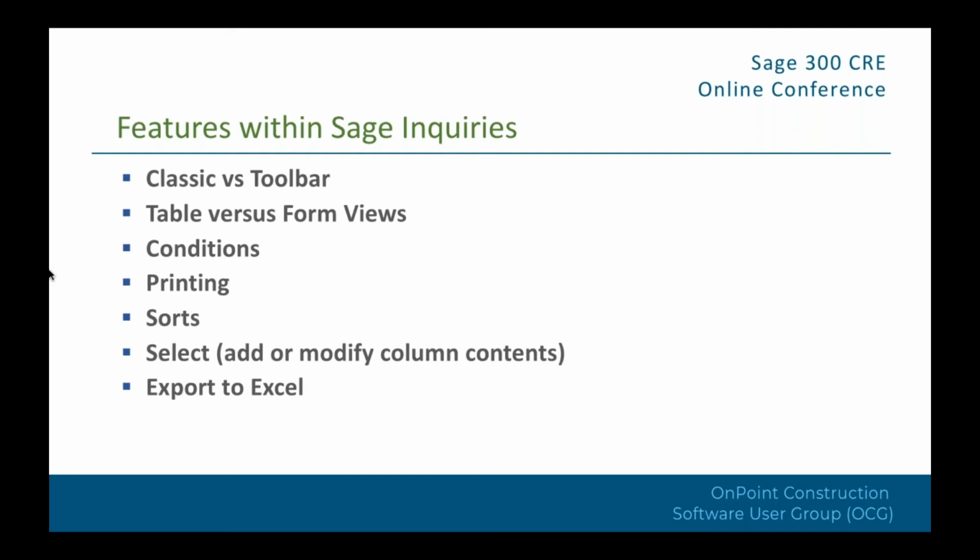You can use the select feature, which lets you add or modify the column contents. So if I want to put the operator stamp on it, or I'm not using a particular column, I can either change it or delete the column altogether. And also we can export to Excel.